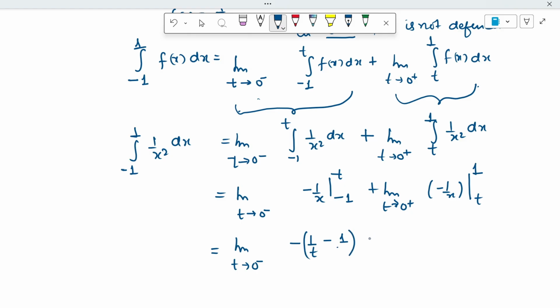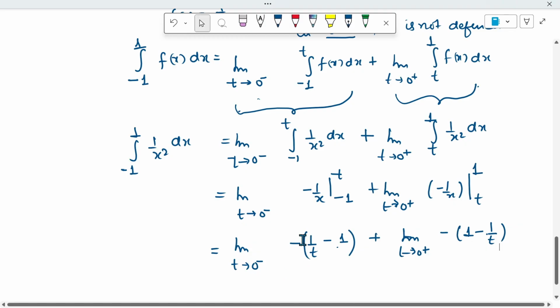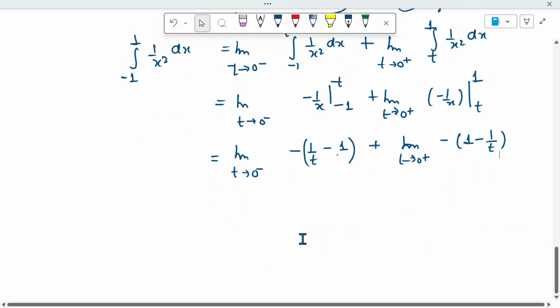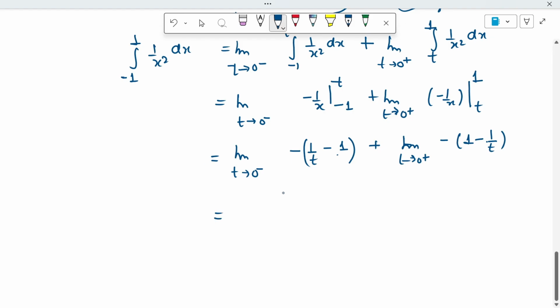Okay, same, minus limit t tends to 0 plus, and this will be -1 minus 1 upon t. Okay, so as we know the value of this limit, if you are putting 0 here, then this will be 0 minus h, some quantity, and the same will be here, minus plus.